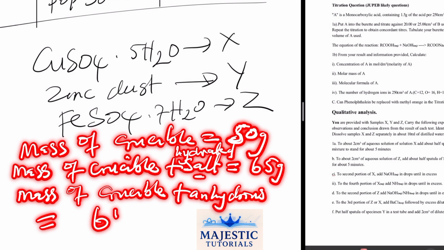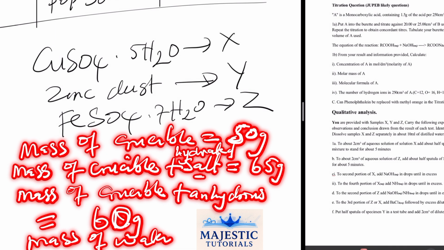Let's say maybe you got 60 grams. So what's the mass of water now? Mass of water is very simple. You just subtract 60 from 65, which gives us the mass of water as 5 grams. So you can go on and still use other methods to calculate.